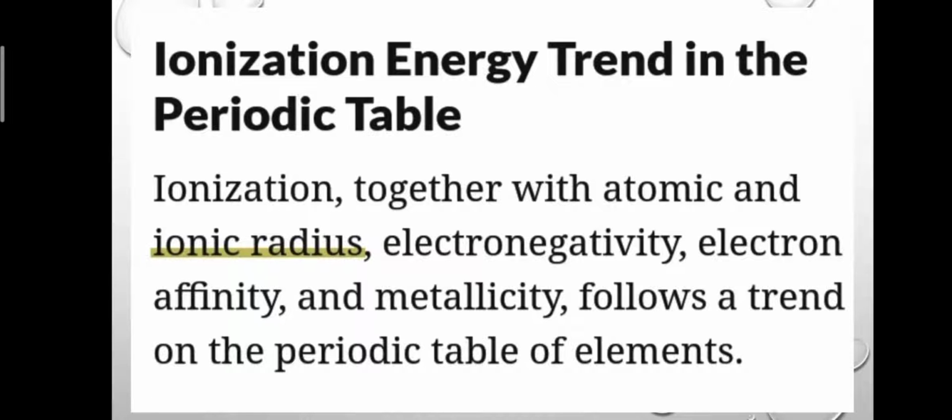Now, ionization energy trend in the periodic table. Ionization energy, together with atomic and ionic radius, electronegativity, electron affinity, and metallicity, follows a trend on the periodic table of elements.